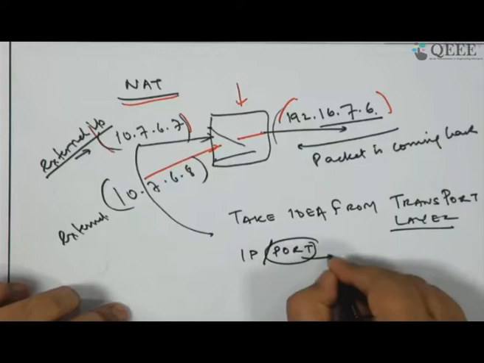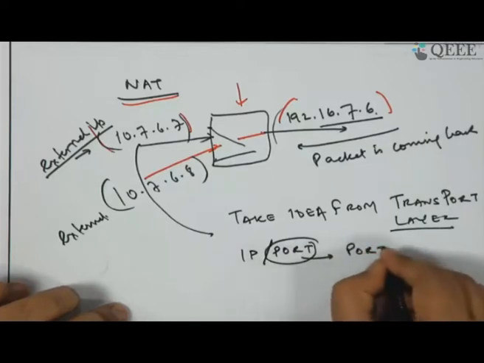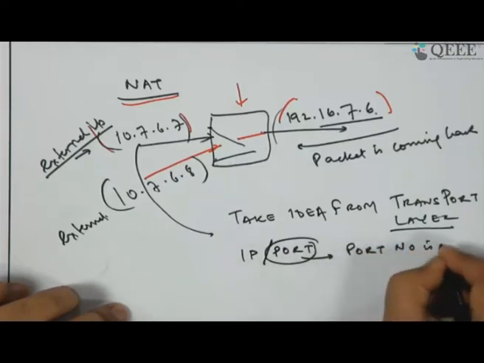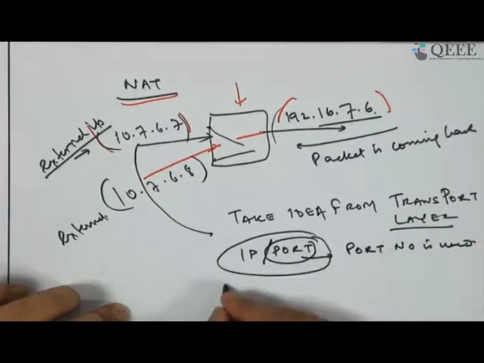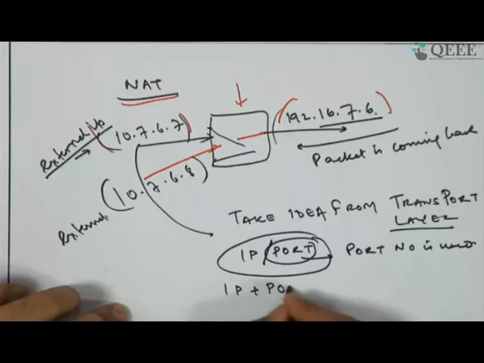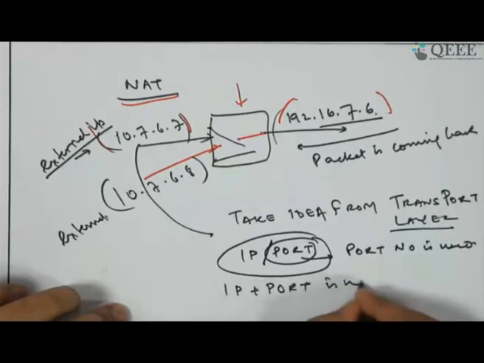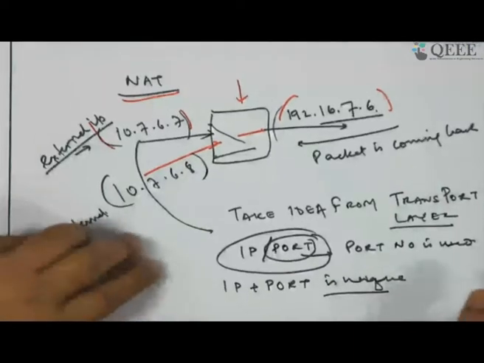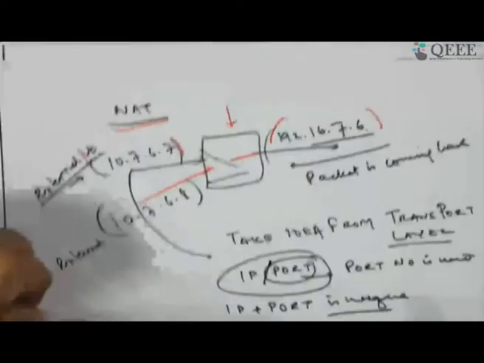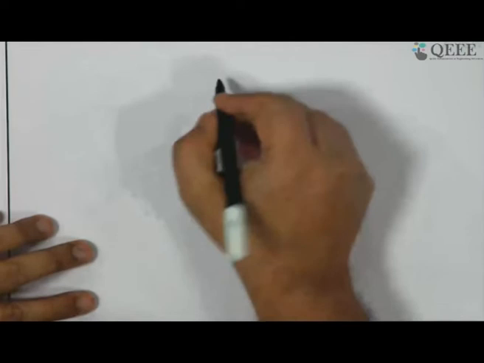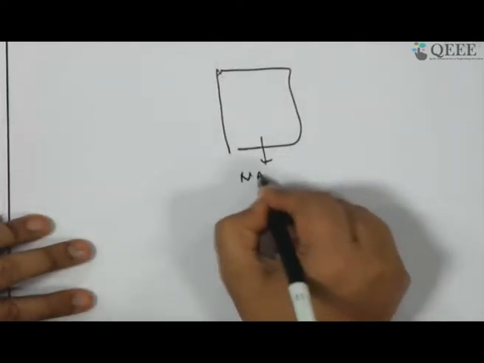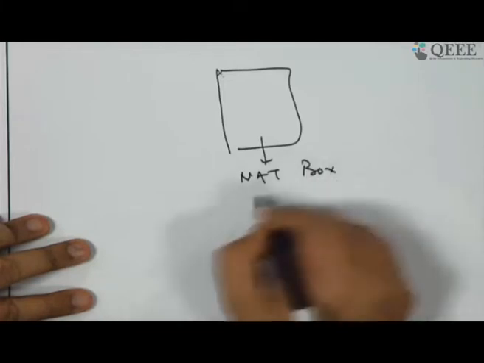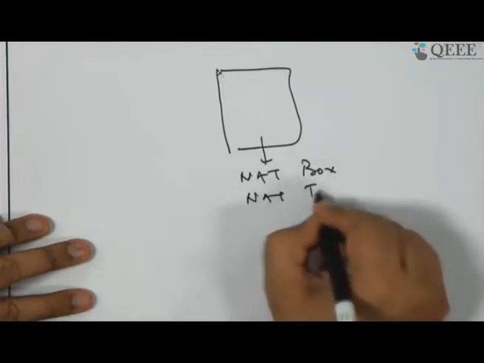So now this port number is used. If I have an IP and port, IP plus port is unique. Okay. So now, see, this is a NAT box. We say this is a NAT box or NAT table.